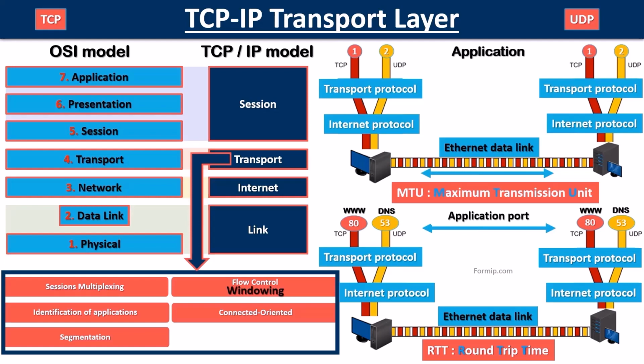TCP provides reliable connection-oriented transport for application data. TCP is very reliable because it can detect and retransmit packets that have been abandoned. It may also know whether data is duplicated or lost. And it helps prevent congestion on the network.